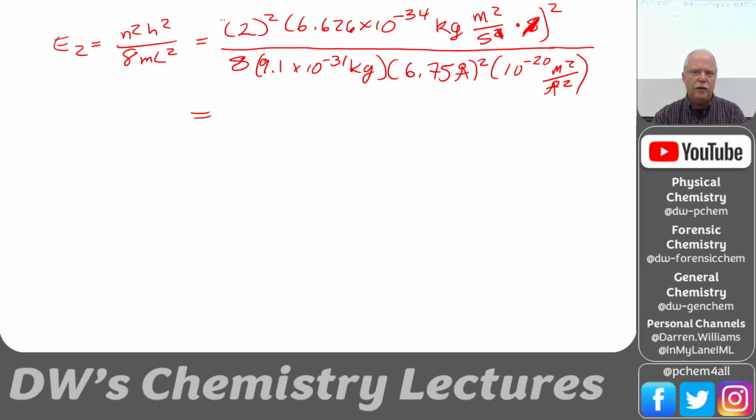So for the numerator, I'm getting this piece here. I'm getting 1.756 times 10 to the minus 60. I'm running out of space on my window, so let's write over here.